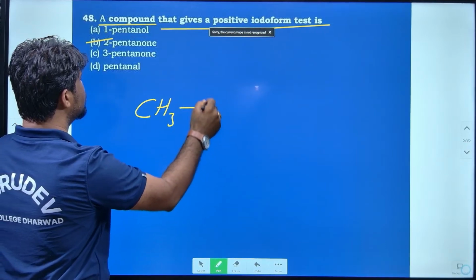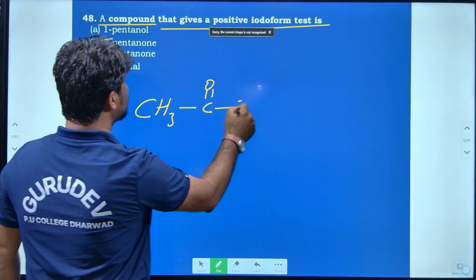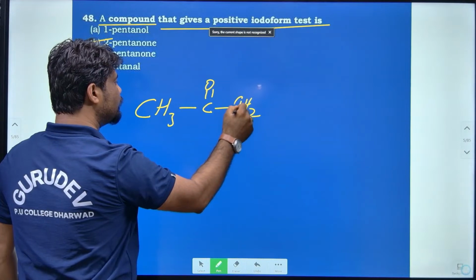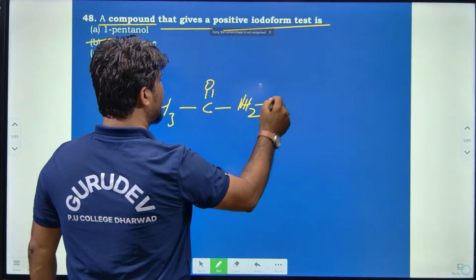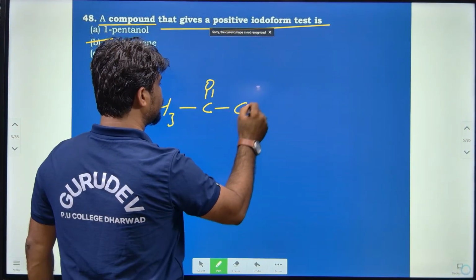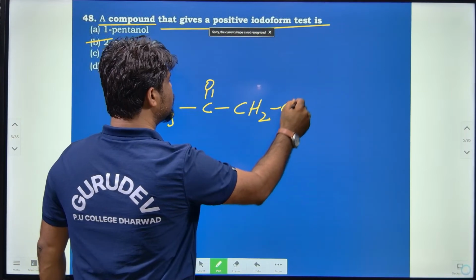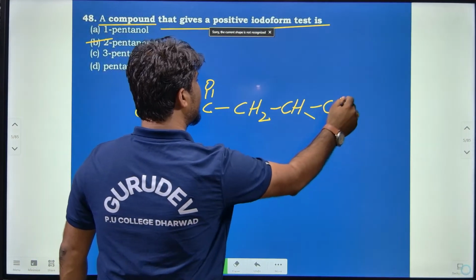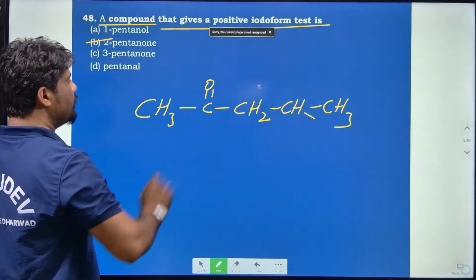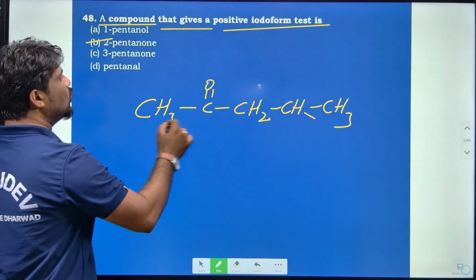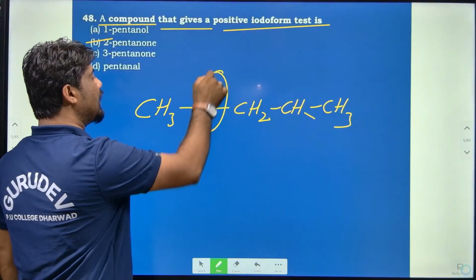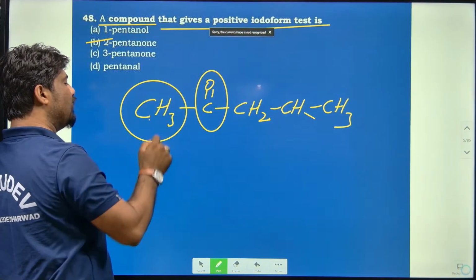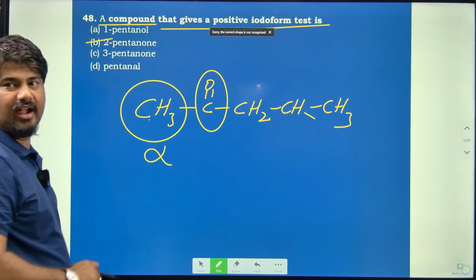CH3, C double bond O, CH2, CH2, CH2, CH3. In this molecule, the carbonyl carbon's adjacent carbon is having an alpha carbon and alpha hydrogen.